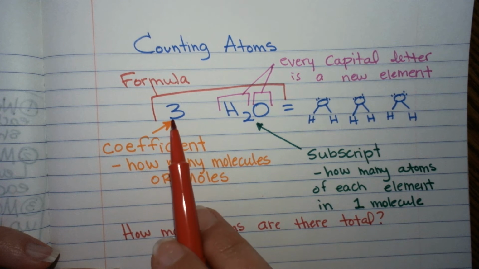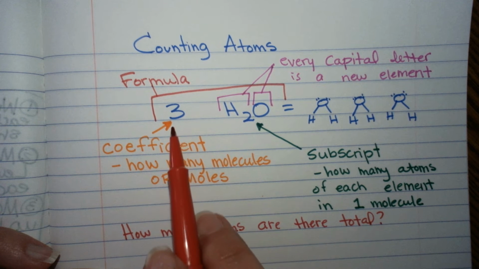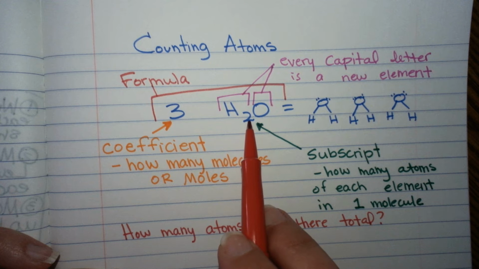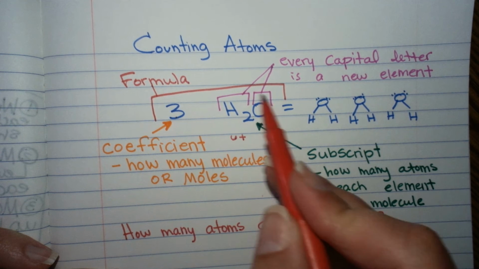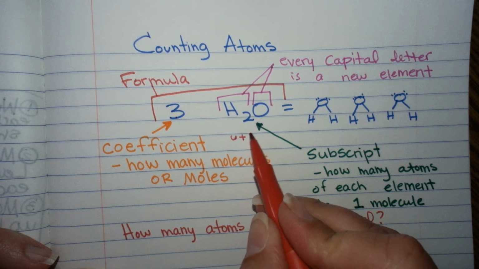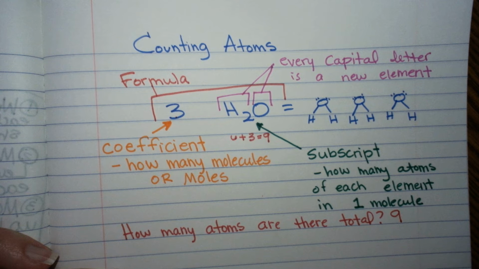If I look at this formula, 3 times 2 is 6, and 3 times 1 is 3, so that would give me 9 atoms total. Anytime I see total, I know that I'm going to add up all of the atoms that are represented there.